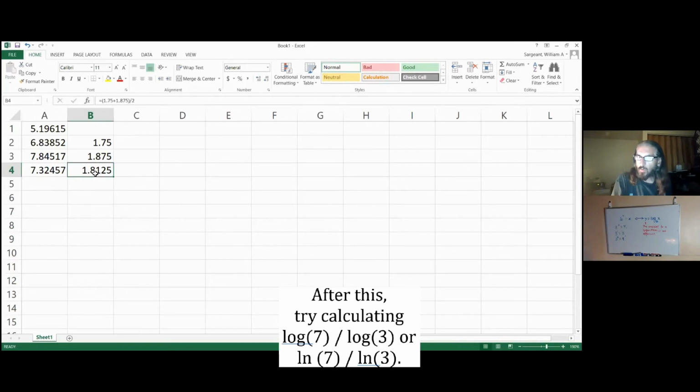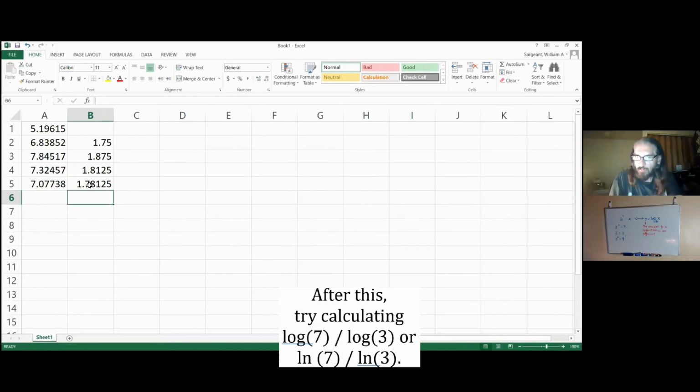So I'm going to go halfway between the 1.75 and the 1.8125. And raise 3 to that power. Still too high.